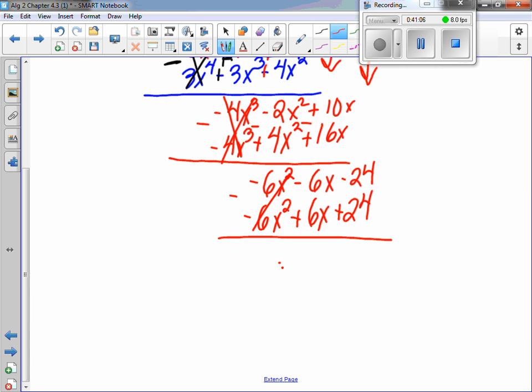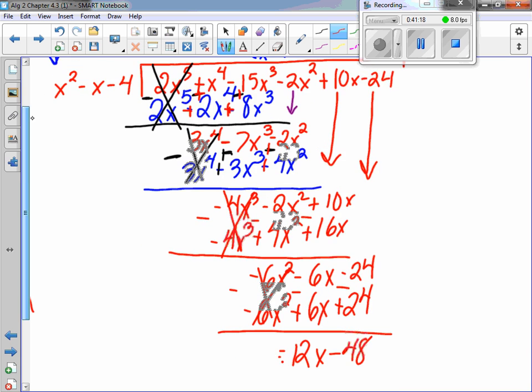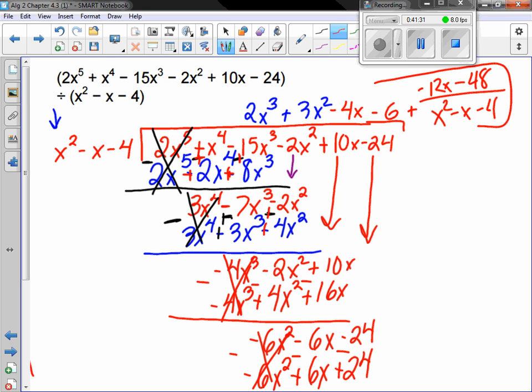And when we subtract, these here would cancel, and we would get negative 12x minus 48. And we would end up simplifying it down, giving us our answer. Let's see, your negative 12x plus 48. And we could say plus 12x minus 48, not plus 48, over x squared minus x minus 4. And that would have been our answer.